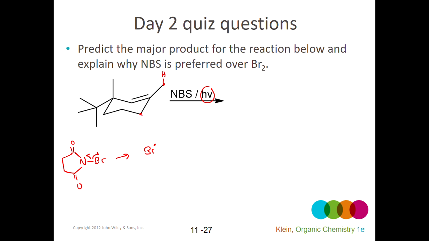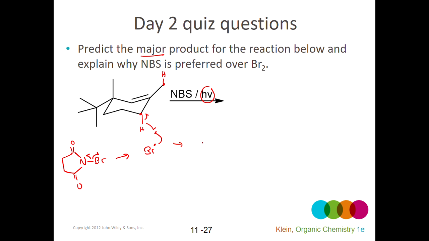If this hydrogen here were abstracted, then the radical exists on a secondary site, and the resonance stabilization would share it with another secondary site. So free radicals shared over two secondary sites is going to be more stable than if the primary one's involved. So this would probably be the major pathway if we're just looking for the major product.